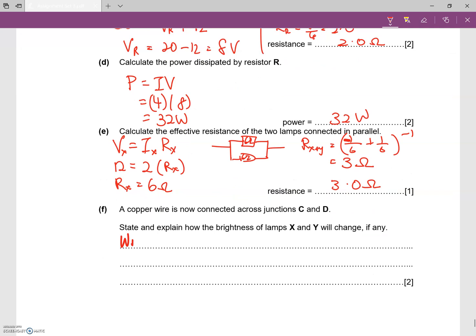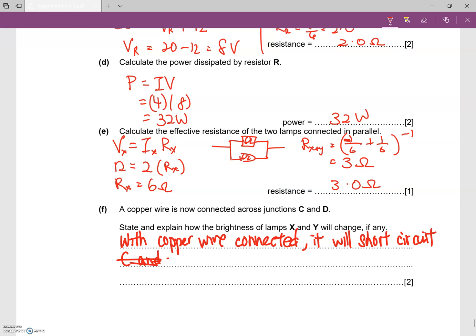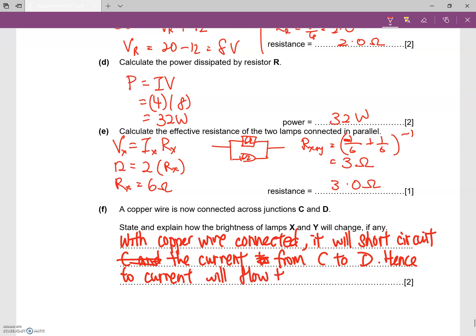So with the copper wire connected, it will short circuit C and D. It will short circuit the current from C to D. Hence, no current will flow through lamps X and Y, so they will not light up.